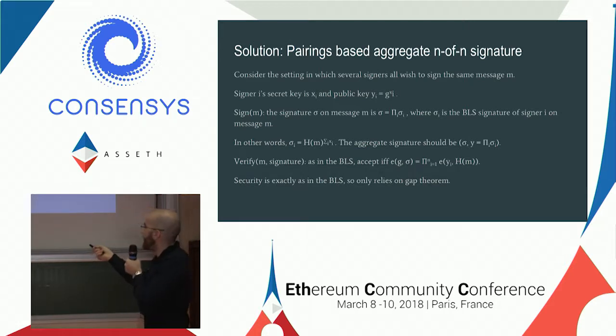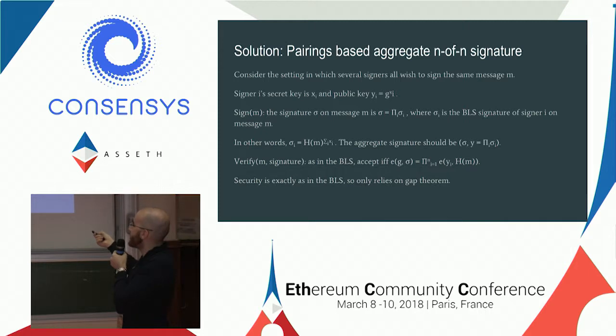And for verifying in the smart contract, we can accept if and only if the bilinear check e(g, aggregate signature) is equal to the product of e(y_i, h(m)) over each individual public key and the message, right?